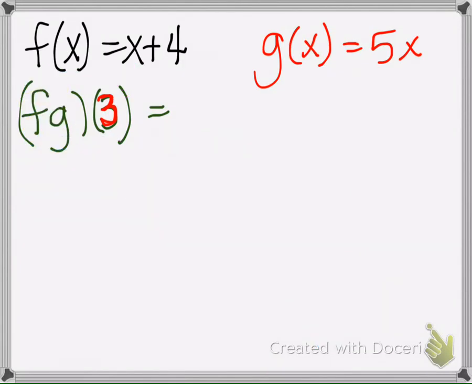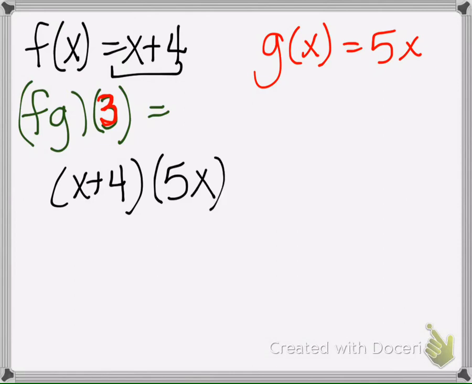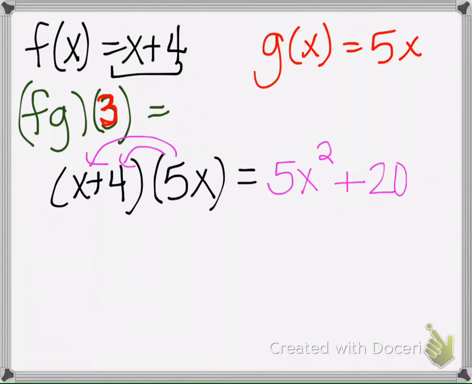Now another way we could do that is we can take f, which is x plus 4, and multiply it by g, which is 5x. So we could simplify this here. We can distribute, and we would get 5x squared plus 20x, because we're doing 5x times x, and then we're doing 5x times 4.